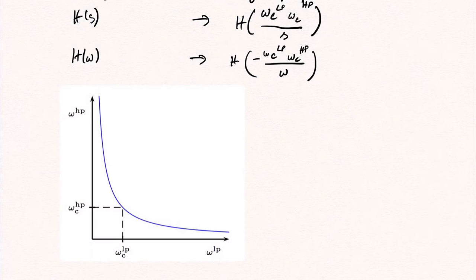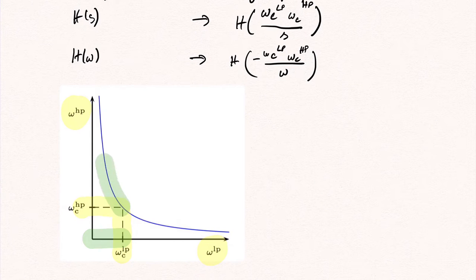We can illustrate this frequency transformation for a low to high-pass filter by plotting the relationship of the original frequency range of the low-pass filter versus the frequency range of the high-pass filter. We see that the cutoff frequency of the low-pass filter becomes the cutoff frequency of the high-pass filter. In the low-pass filter, all frequencies between 0 and the cutoff frequency of the low-pass filter are in the passband of the filter.